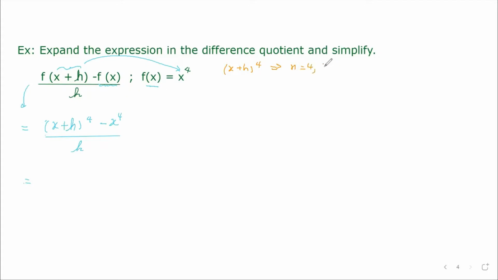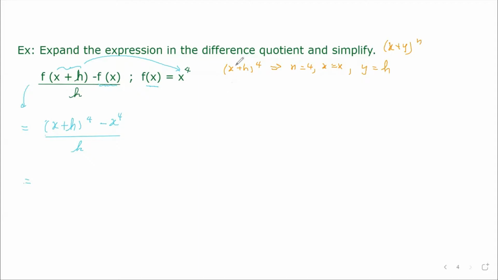And then from the formula, x plus y power n. So this x means this x. You can just replace this one. And then this y equals h. This h means y now. Everyone get it? Okay, then you simplify.